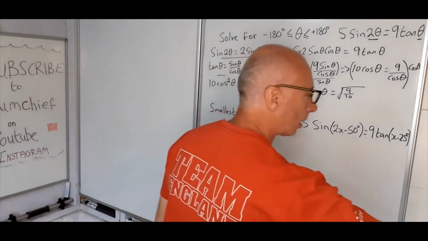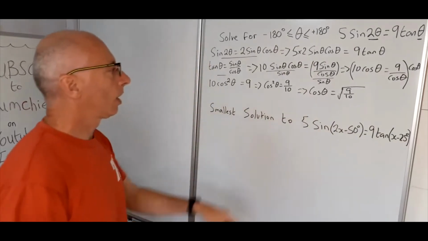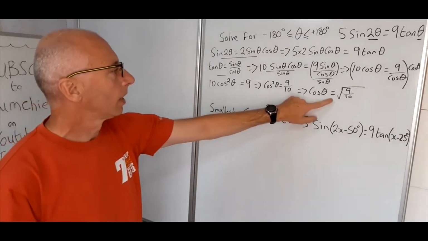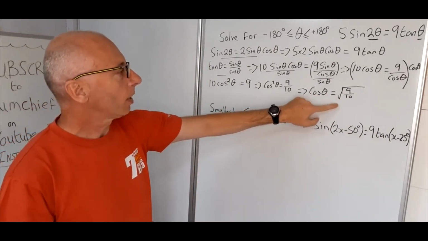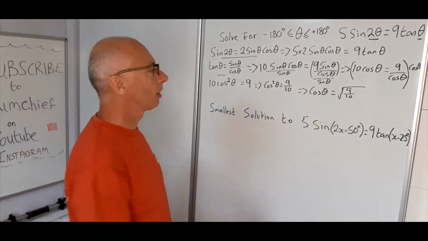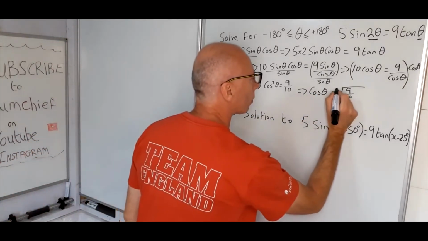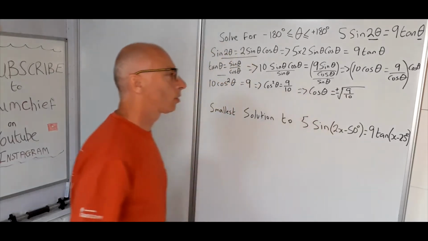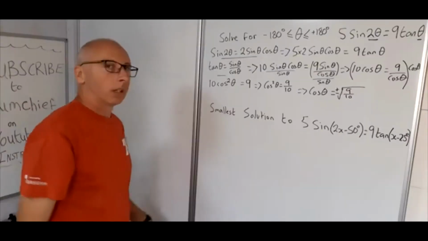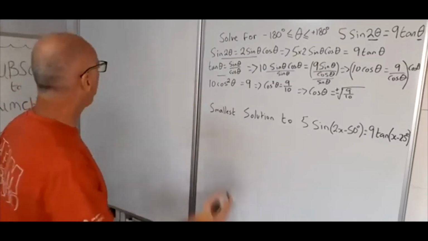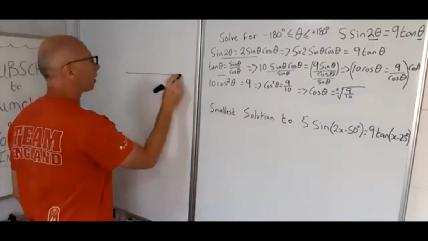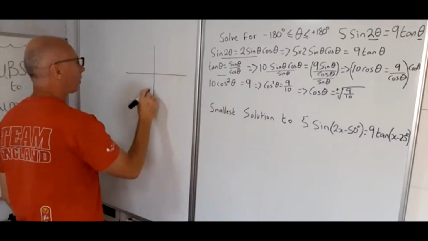Okay, so let's have a look at what we've got now. Cosine theta equals square root of 9 over 10. We've actually got plus or minus the square root of 9 over 10. Now let's draw the cosine graph and see what we can achieve with that.